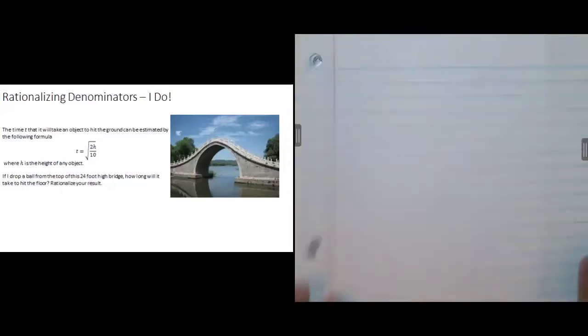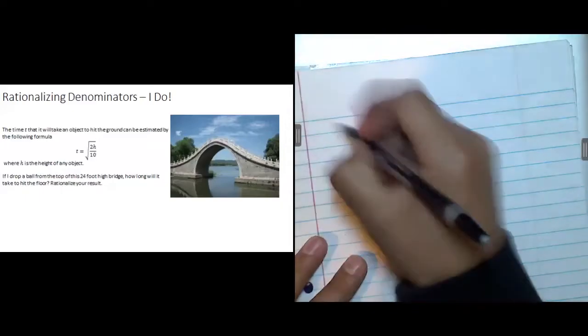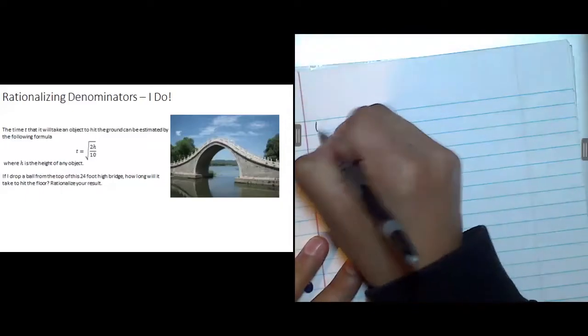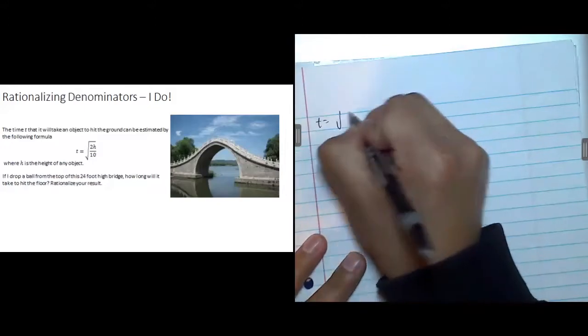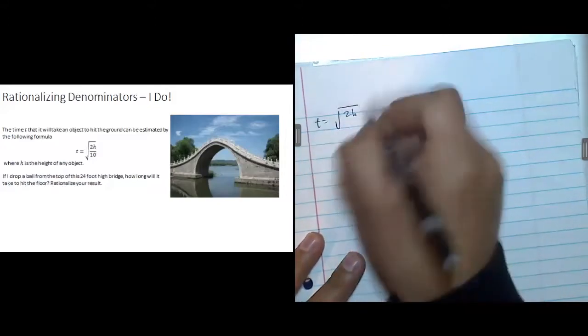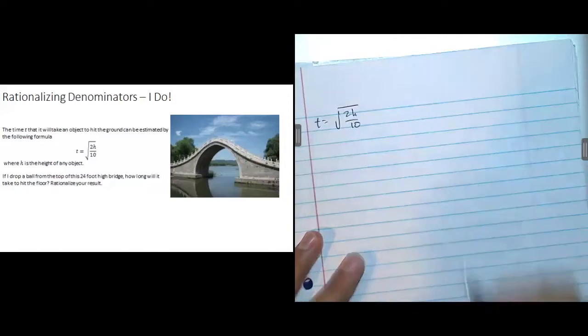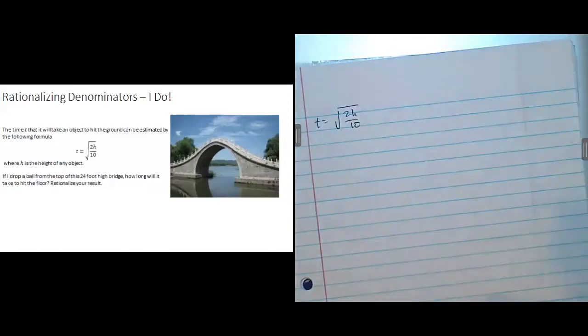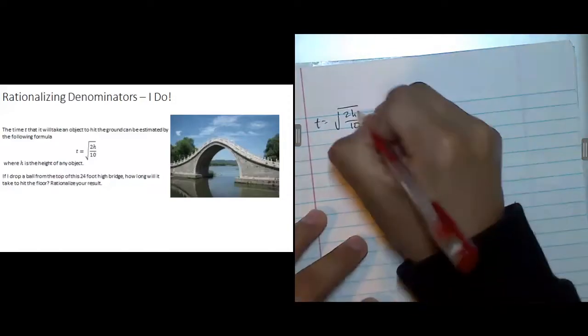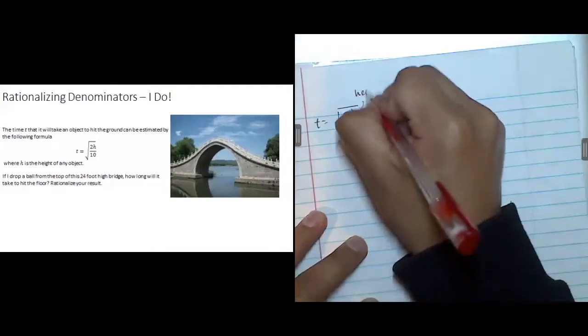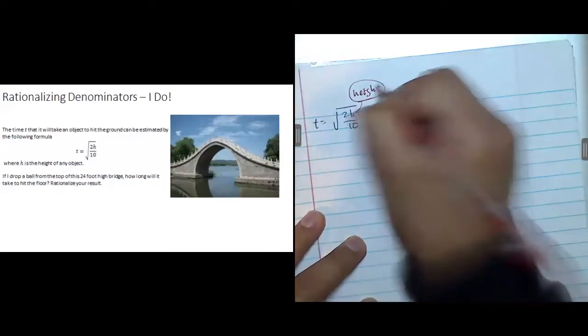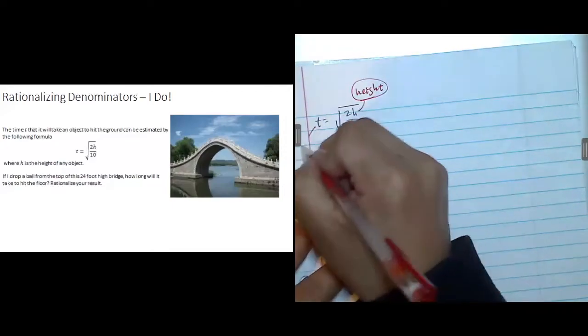So we have T is equal to the square root of 2h over 10, and as the text says, this is height, and this is time.